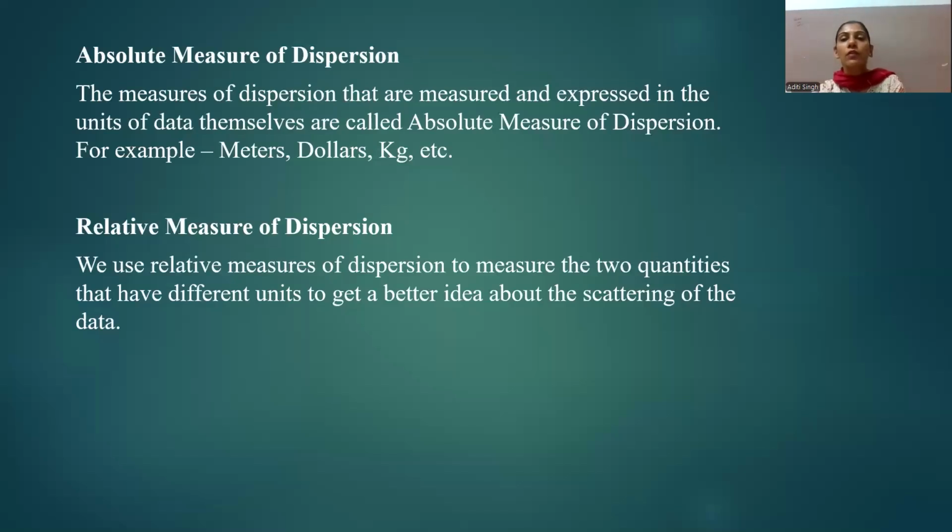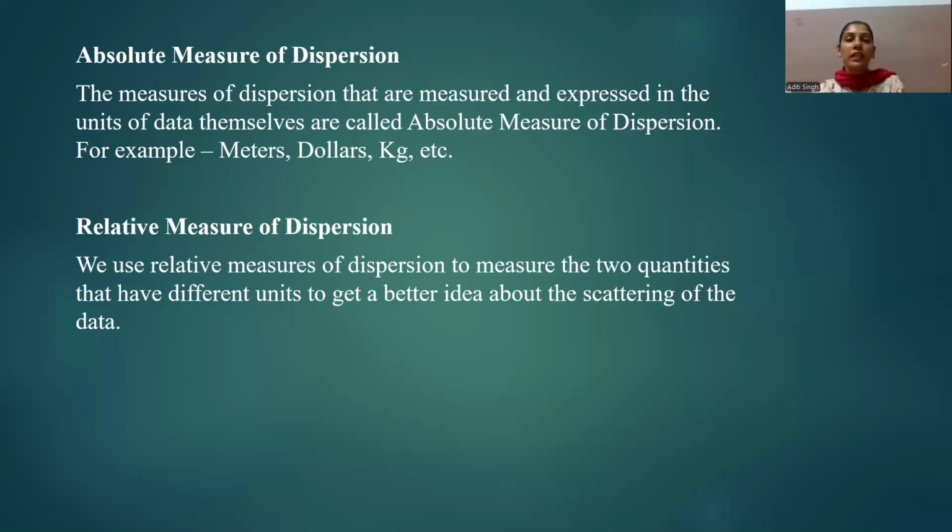If we talk about the relative measure of dispersion, the measures of dispersion which are measured as a percentage or ratio of an average are known as relative measures. Relative measures are sometimes known as coefficient of dispersion, as coefficient means a pure number that is independent of a unit of measure.